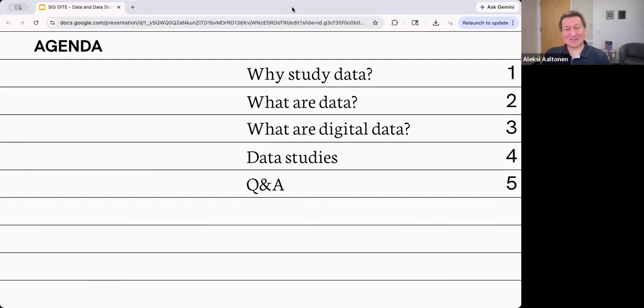Then Marta will talk about what are data and what are digital data, which in some ways may sound strange because we all use data very naturally, but actually when we start looking into it, it turns out to be quite a bit more complicated phenomenon than one might initially think. And then finally, I will briefly describe the emerging field of data studies, and then we have Q&A.